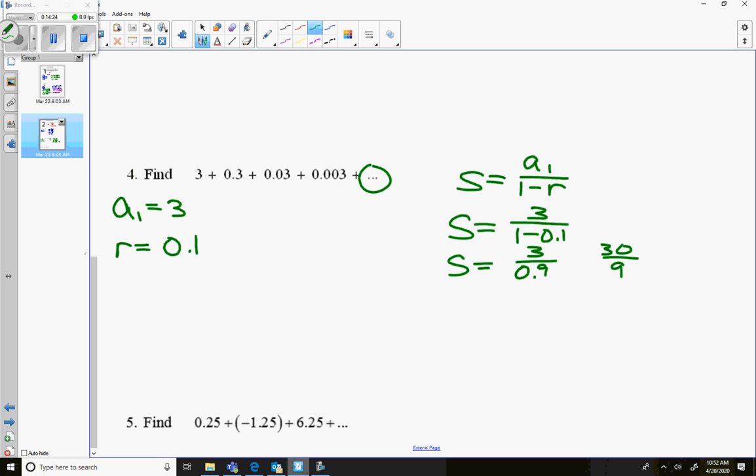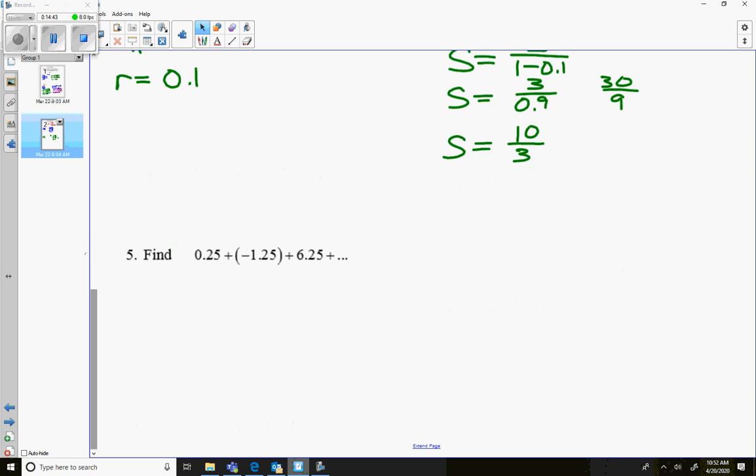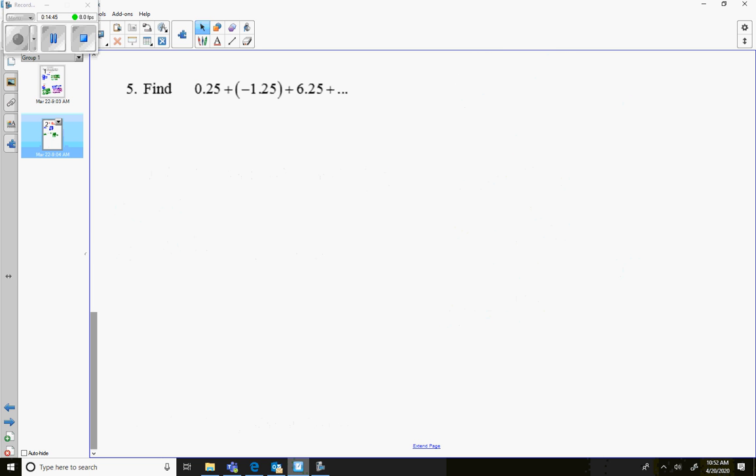And reduce the fraction. They're both divisible by 3. So your sum is 10/3. So we actually do get a sum for this infinite geometric series.